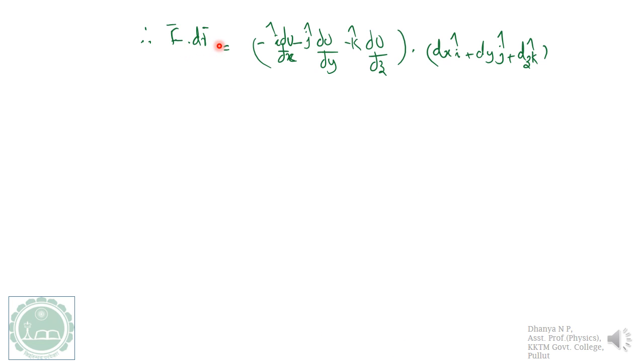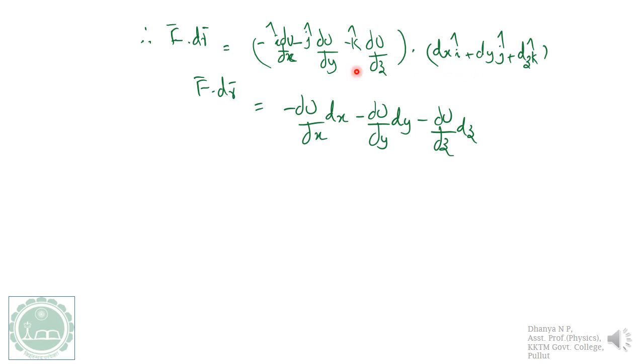Then F dot dr: in place of F we can write minus i ∂u/∂x minus j ∂u/∂y minus k ∂u/∂z, dot dr, whose components are dx i plus dy j plus dz k. In the dot product only i dot i, j dot j and k dot k exist. i dot i is equal to 1, j dot j is equal to 1, and k dot k is equal to 1.